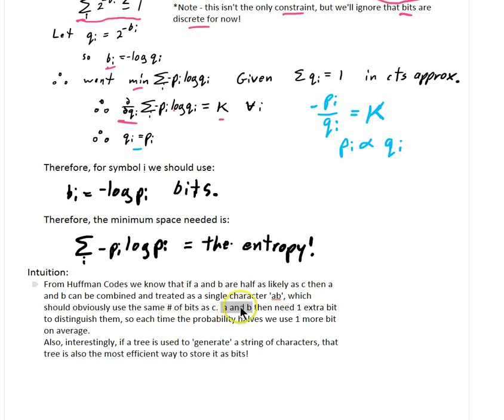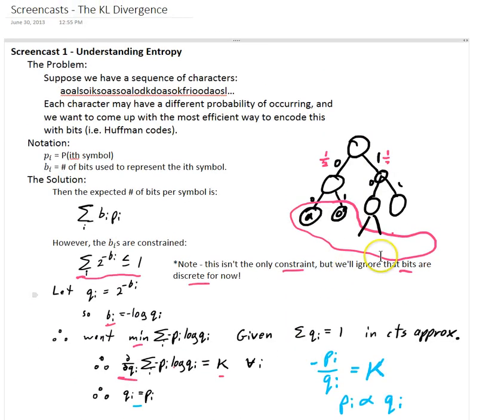Which means that each time the probability halves, we use one more bit on average, right? So if we allow bits to be continuous, then this will be exactly true.